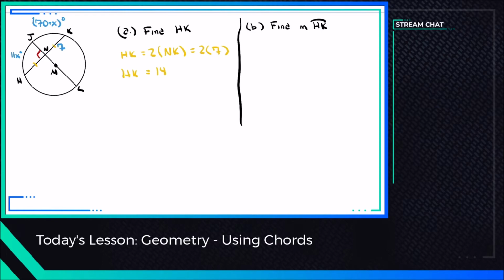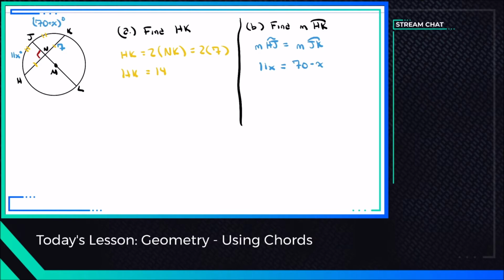We also know that since this diameter is perpendicular to this chord, it not only creates two congruent segments along the chord, it also cuts this arc perfectly in half. And so we know that the measure of arc HJ is equal to the measure of arc JK. And we have to find this entire arc all the way across. So let's first solve for x, and we'll do that by setting 11x equal to 70 plus x.